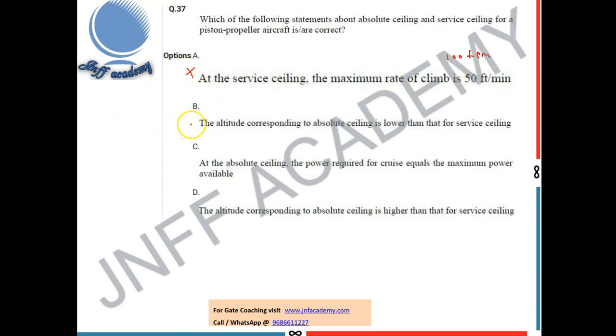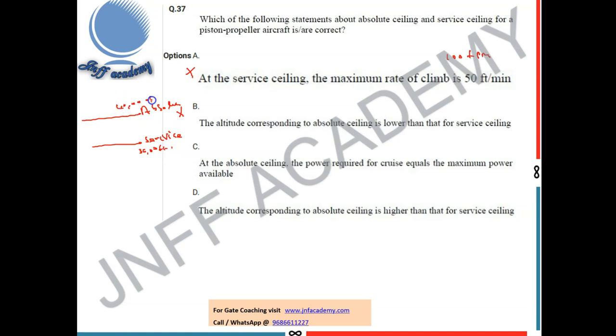The altitude corresponding to absolute ceiling is lower than the service ceiling. This is also wrong, because always the service ceiling comes first, where the aircraft can still fly comfortably. Only next does the absolute ceiling come. For example, if the service ceiling is, let's say, 30,000 feet, maybe the absolute ceiling will be 40,000 feet.